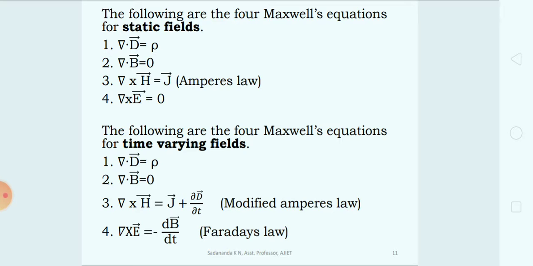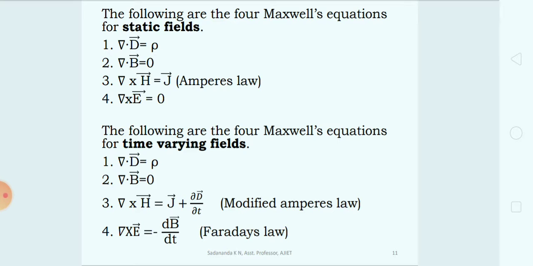The third is curl of H equal to J, Ampere's law, which I have already defined: the curling of magnetic field lines around the path is equal to the current density. And the fourth equation is curl of the electric vector equal to 0; there is no chance of curling of electric vectors.